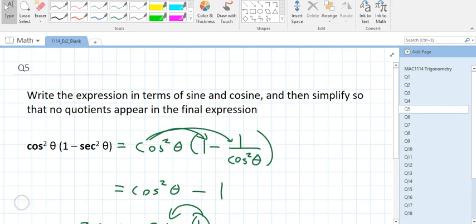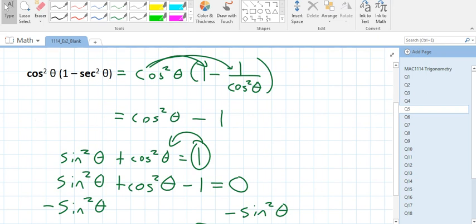Oh, speaking of trig identities, we could have done that on this one. Do we know what 1 minus secant squared theta is equal to? Tangent squared. Yeah. So then you'd have negative tangent squared, and you can multiply that by cosine squared, and that would also just jump straight to the end answer.